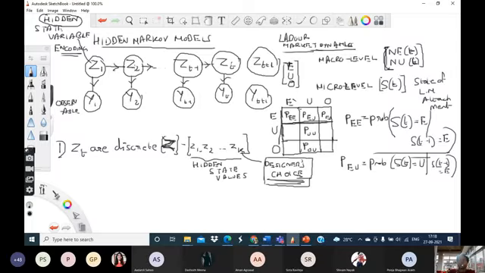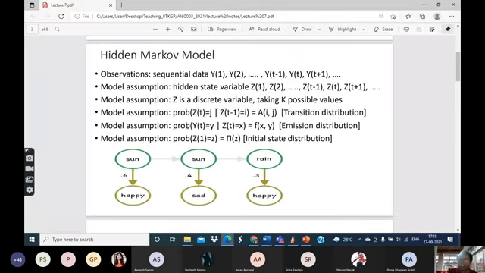Now we are considering them separately. That is, there is a state variable which we cannot observe, there is an observable variable which we are observing, and the dynamics happens at the level of the state, not at the level of the observable. Okay? But the observable depends on the state. That dependence is according to a distribution which we call the emission distribution.